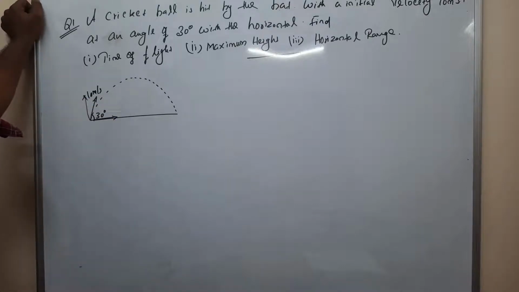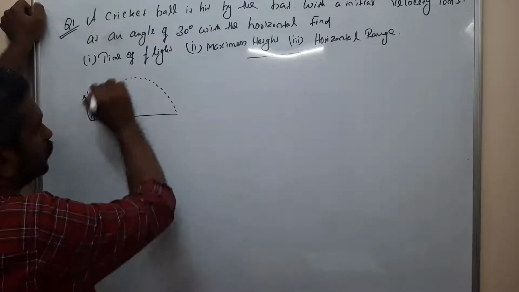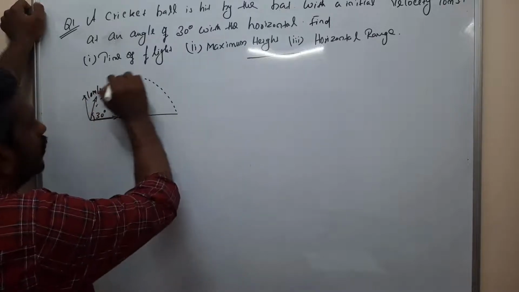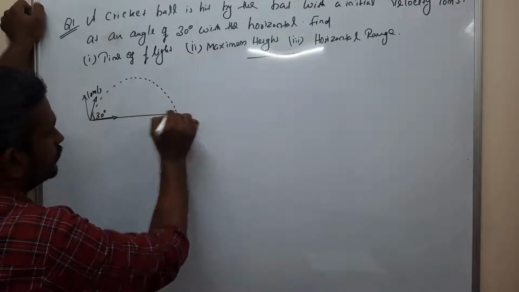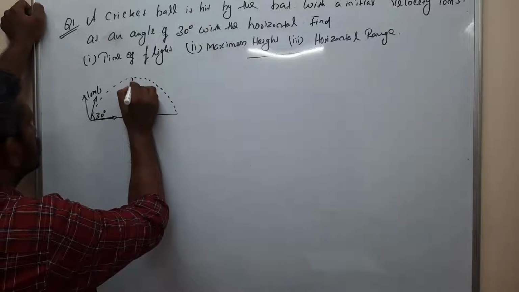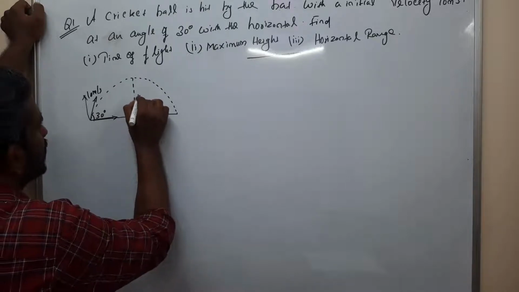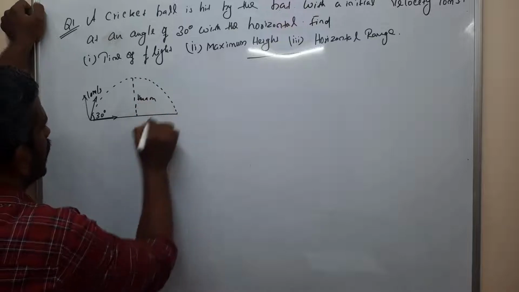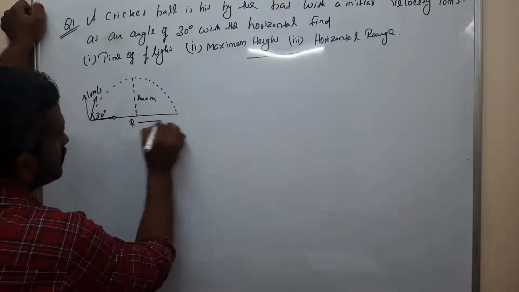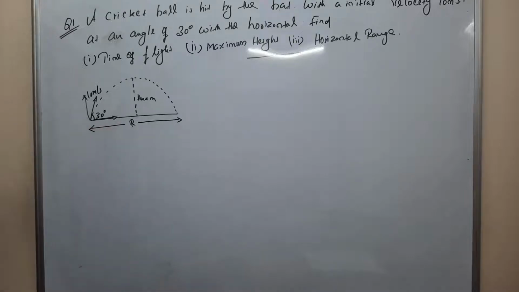We have to find the time of flight, that is the total time taken by the ball to hit the ground. Then the maximum height of the ball, h max. And this is the horizontal range. So these are the things we have to find.